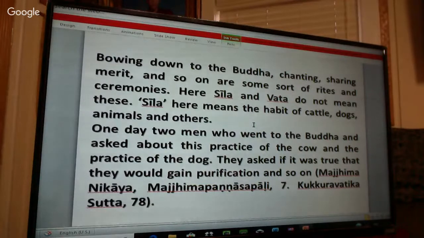The Buddha said, no, I don't want to answer your question. The Buddha rejected again and again, but they asked again and again. This is in the Majjhima Nikaya, Majjhima Panasa Pali, Kukkuravattika Sutta, which explains them in detail.